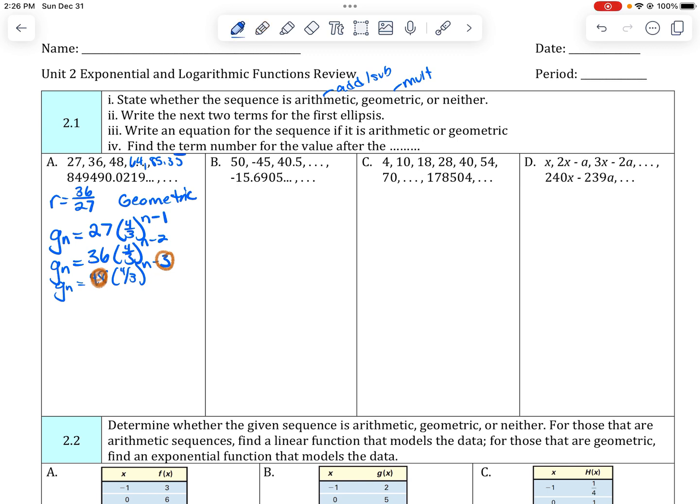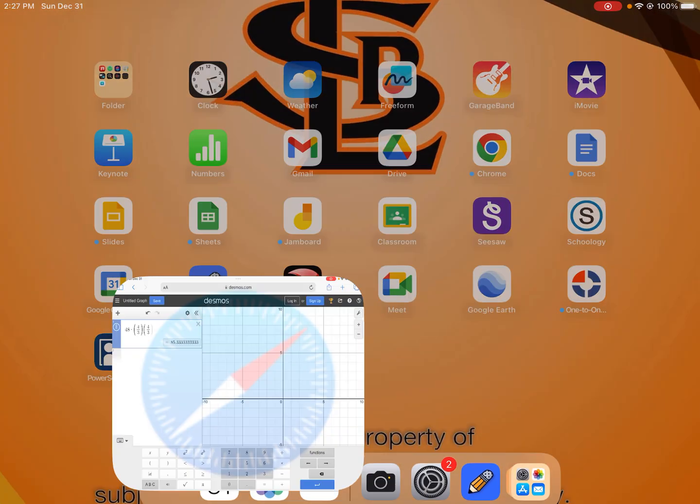And now it says find the term value of this. So I want to find, when does 849,490.0219 equal 27 times 4/3 to the n minus 1? Well, first thing I've got to do is divide by 27. I wish I had the other calculator to show you, but I don't have that on the iPad, so I'll just have to use Desmos here.